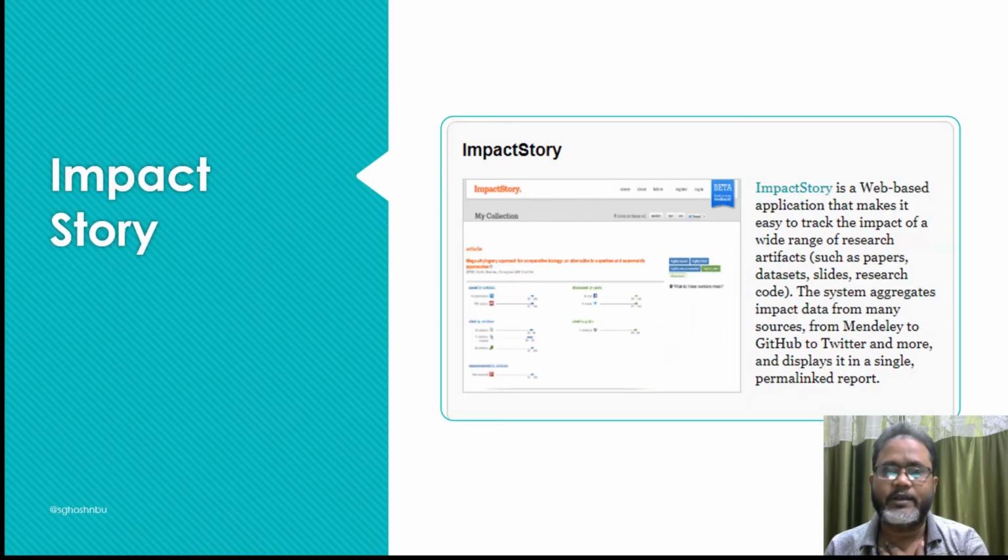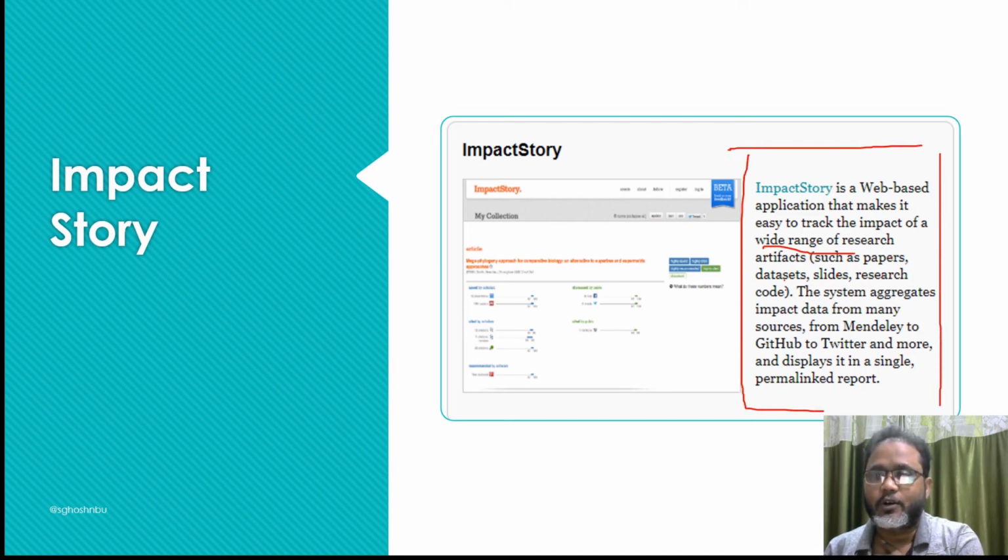So this is ImpactStory. It's a web-based application that makes it easy to track the impact of a wide range of research artifacts. Artifacts in what sense? Not only papers, but datasets, slides, research code, all. The system aggregates impact data from many sources: Mendeley, GitHub, Twitter, and more.